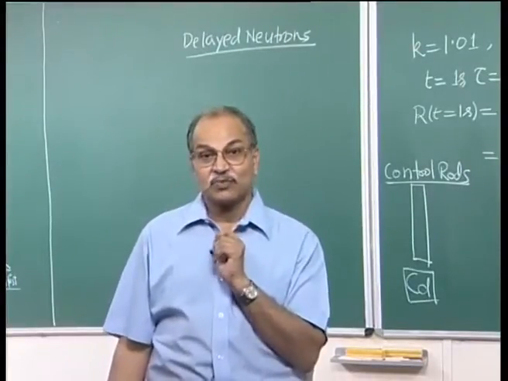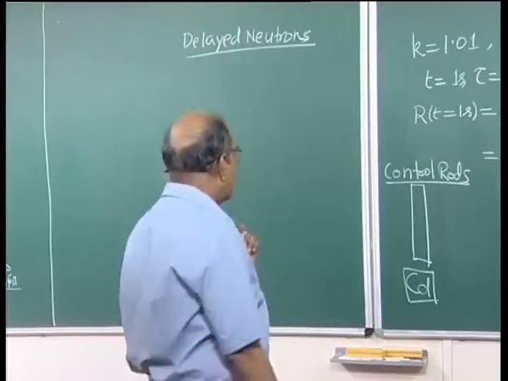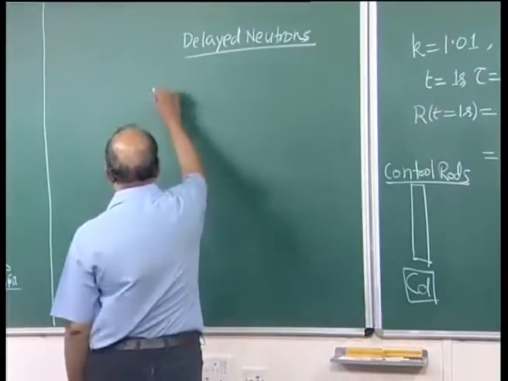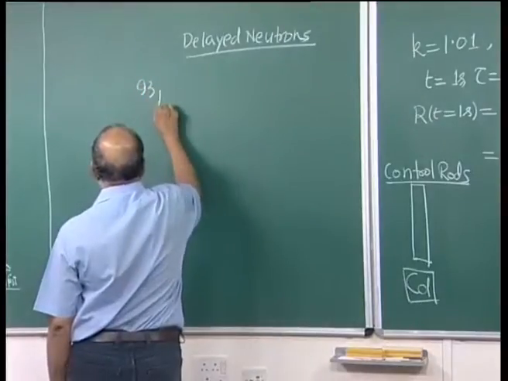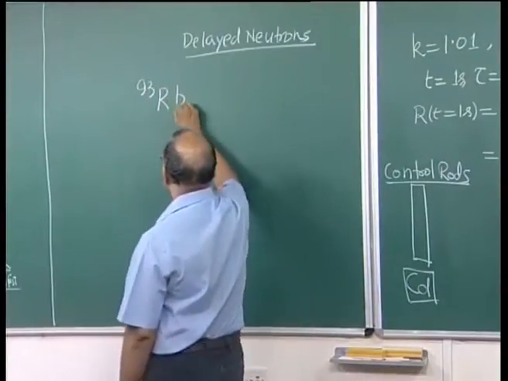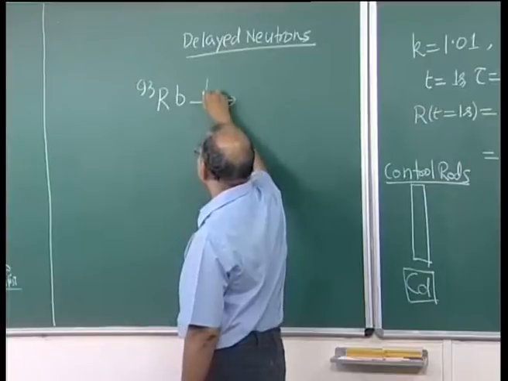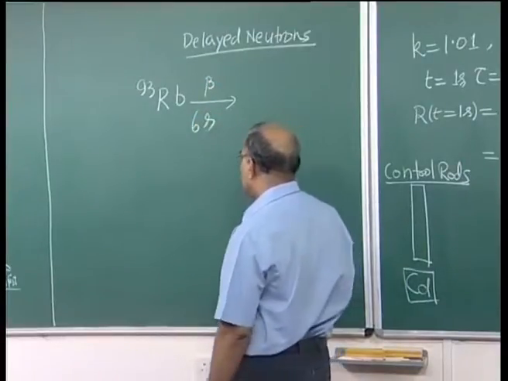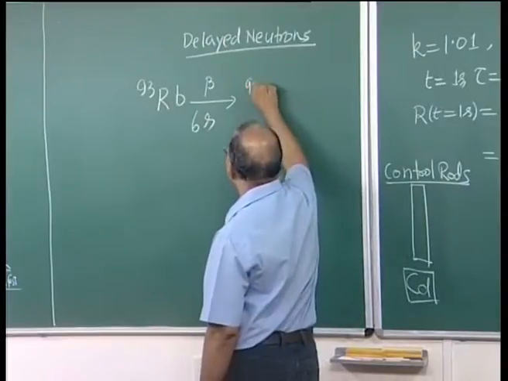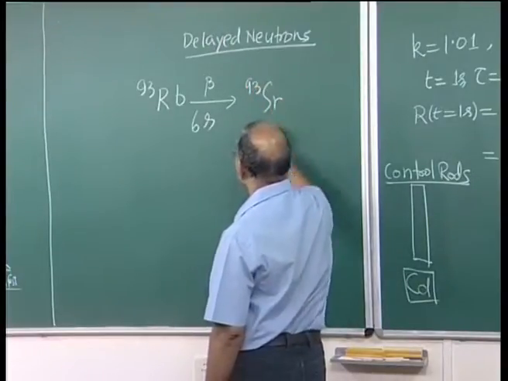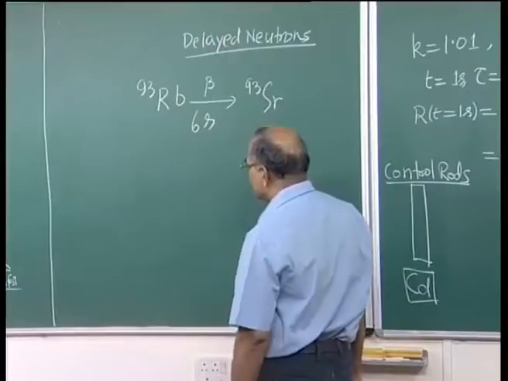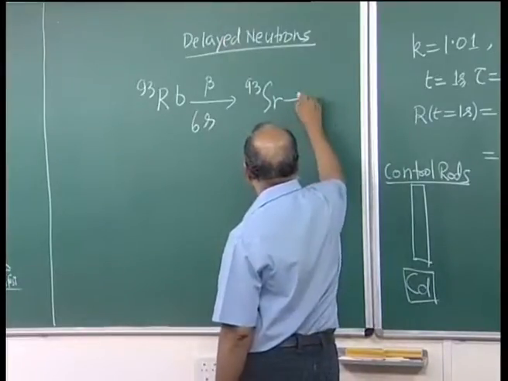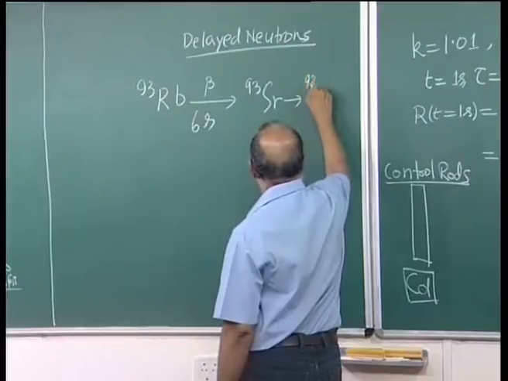So, that is also possible. For example, if you have a fission fragment, say rubidium-93, this rubidium-93 beta decays with a half life of 6 seconds to strontium-93, and this strontium-93 then emits a neutron and becomes strontium-92.